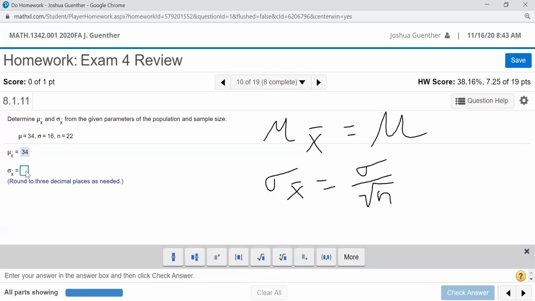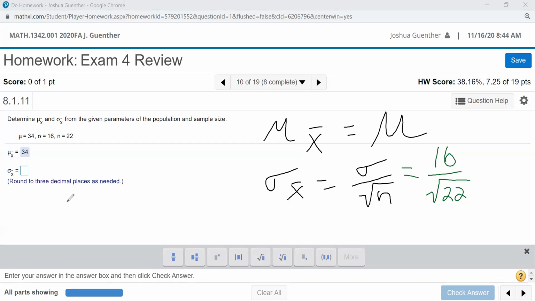Now, sigma x bar, we're actually going to have to do a calculation here. Sigma x bar, the standard deviation of the sample mean, is going to be the standard deviation given to us for the population. This is the standard deviation for any one value in the population. But suddenly when you're talking about a sample mean, you need to divide it by the square root of the sample size. So it's going to be 16 over the square root of 22.